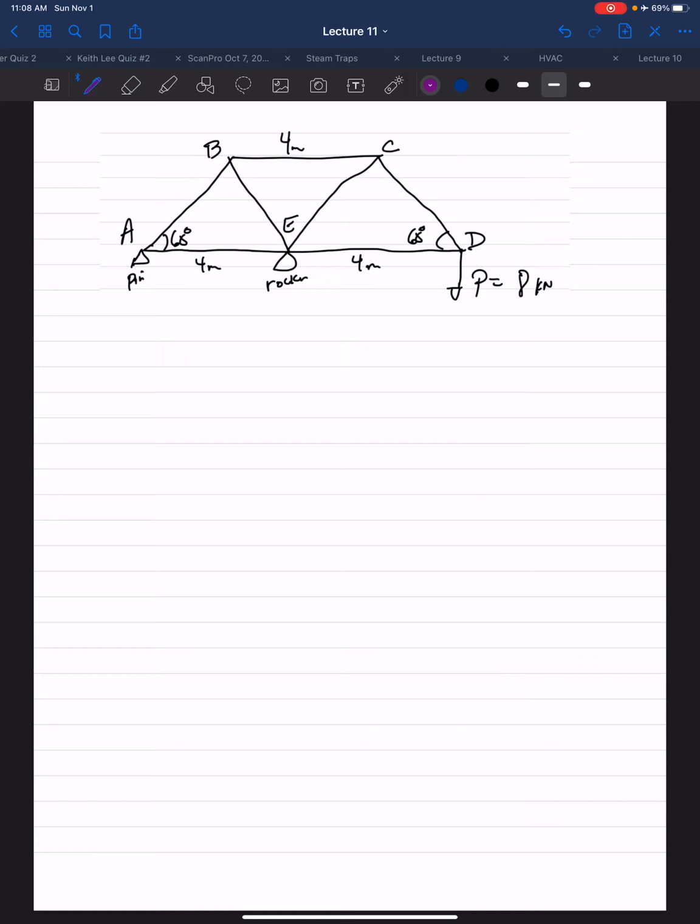So last but not least, if we go to joint E, we've determined FDC, we've calculated FDE, so we got FDC, FDE, we got FCE, FCB, we got FBE, and FBA.